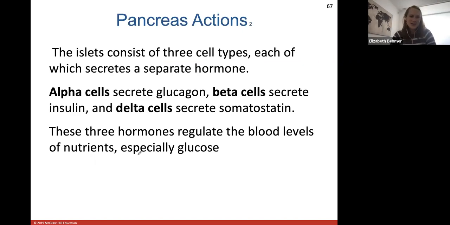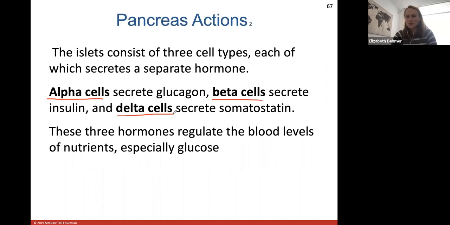Here are the pancreas actions of the islets. So the islets consist of 3 cell types, each of which secrete a different hormone. Alpha cells secrete glucagon, beta cells secrete insulin, and delta cells secrete somatostatin. So you should know what those 3 cells secrete.